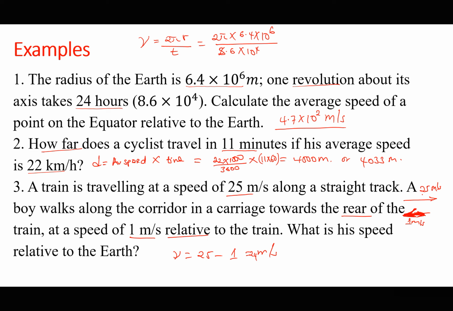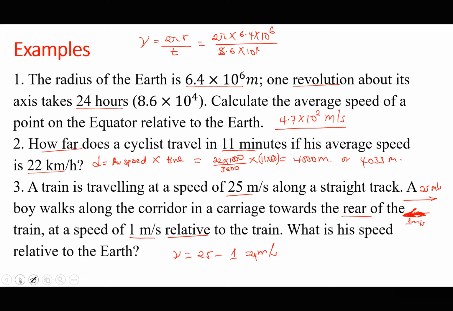So if an observer is standing on the Earth's surface and looking at the boy moving backwards, he would see the boy as if he's moving slower than the speed of the train. But if the boy was moving to the front of the train, an observer standing on the Earth's surface will see the boy as moving faster than the train. As simple as that. So for relative speed we just subtract those two speeds. If it is in the opposite direction, it is just going to be -1. If it is in the same direction, it is going to be faster, so it will be +1.